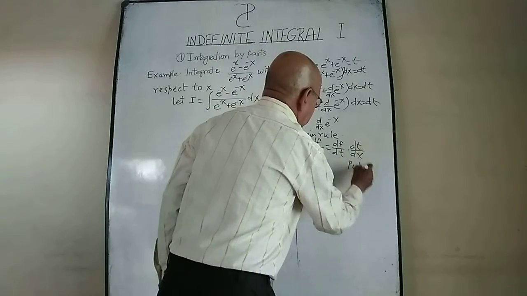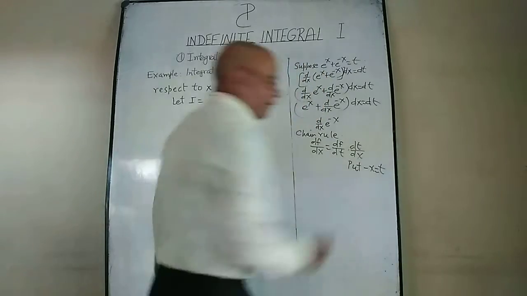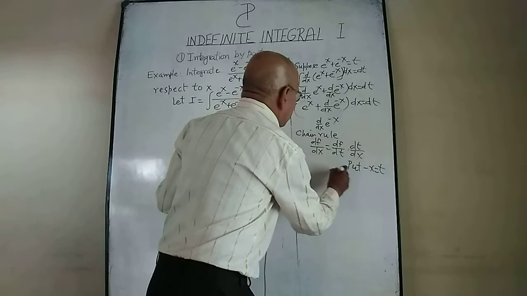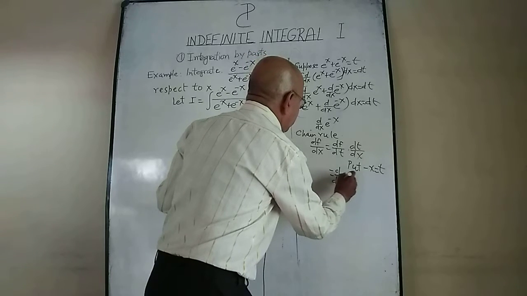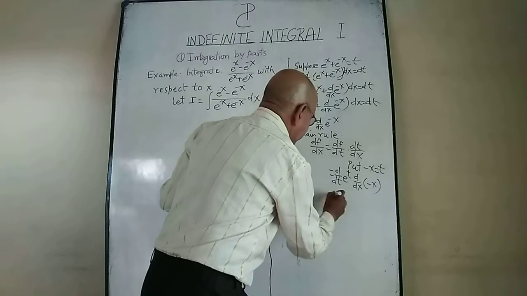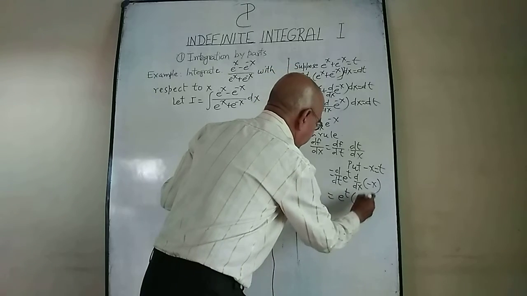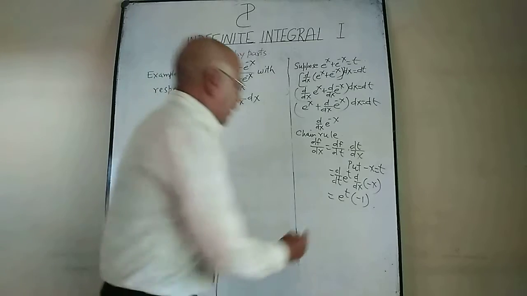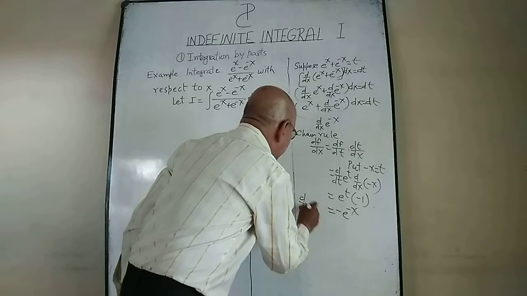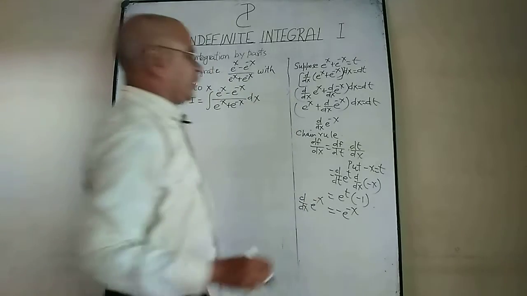Here minus x is equal to t. When I take minus x as t, in place of it I write d upon dt of e to the power t, and d upon dx of minus x is minus 1, and therefore this is minus e to the power minus x, which is d by dx of e to the power minus x.